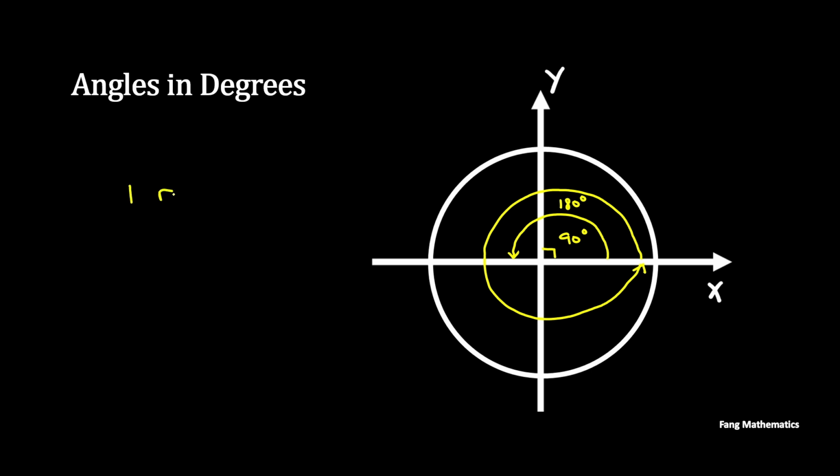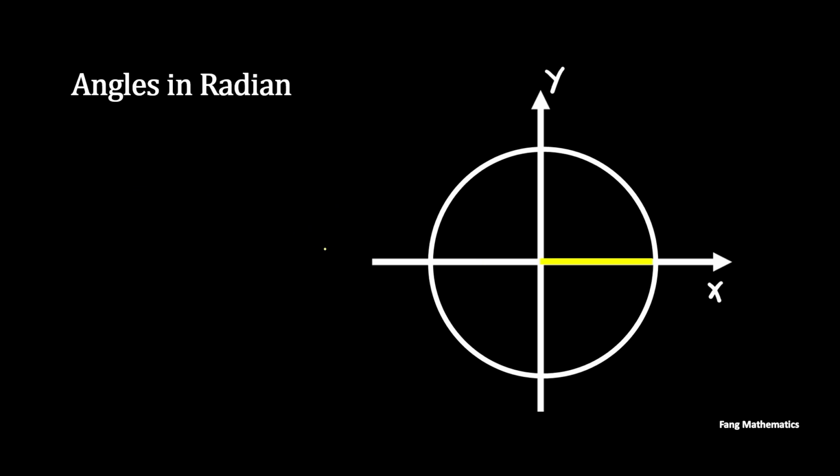One revolution angle is 360 degrees. We are to look at another system where we are to measure the angles in terms of the radian. Radian comes from the word radius.